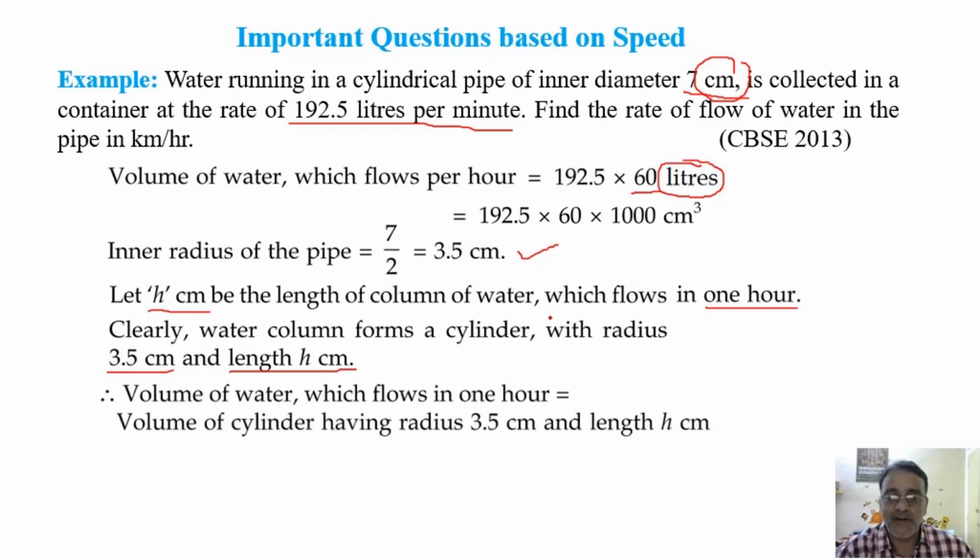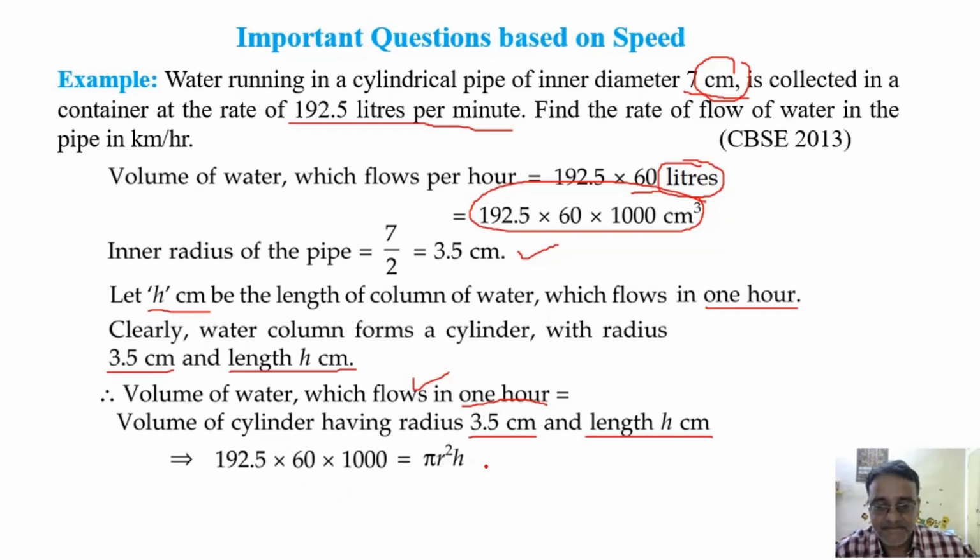So the volume of water which flows in 1 hour will be equal to the volume of a cylinder having radius 3.5 centimeter and length h centimeter. So this we already got, which we have calculated here. We'll substitute here, and the volume of a cylinder is pi r square h. We'll substitute the value of pi, r is 3.5, and h we need to find.